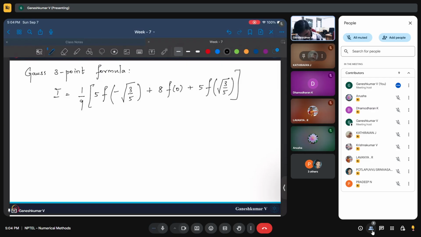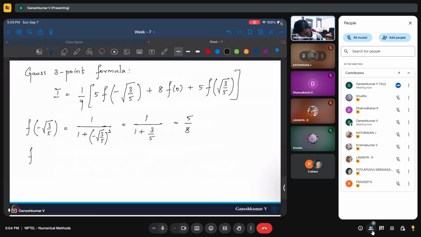Let's find out f(minus square root of 3 by 5), which is going to be 1 divided by 1 plus (minus square root of 3 by 5) square, which is going to be 1 divided by 1 plus 3 by 5, which is going to be 5 by 8.